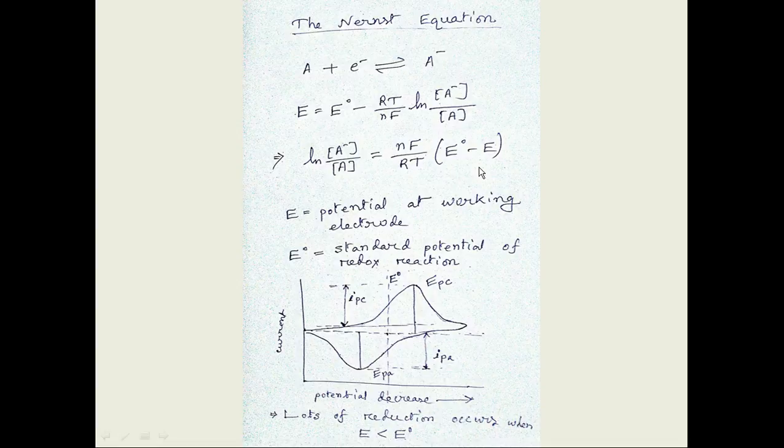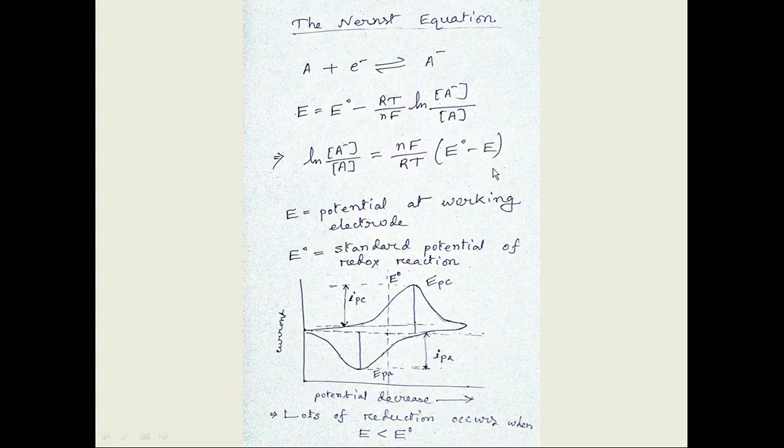The only condition is that if E0 is greater than E, only then will the concentration of reduced species be more, that is, if the standard potential is greater than EPC.